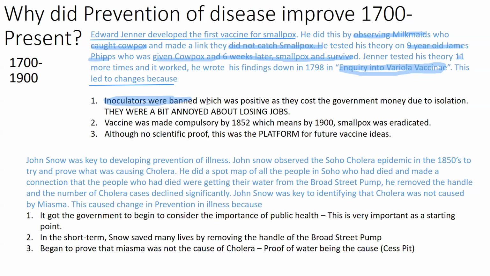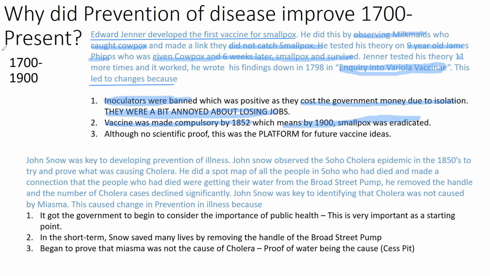Inoculators were dangerous, and they cost the government a lot of money due to isolation, but they were a bit annoyed about losing their jobs. The vaccine was seen by the government as a safer method. So inoculators were banned. The vaccine was made compulsory by 1852, which means by 1900, smallpox was eradicated. It was gone.